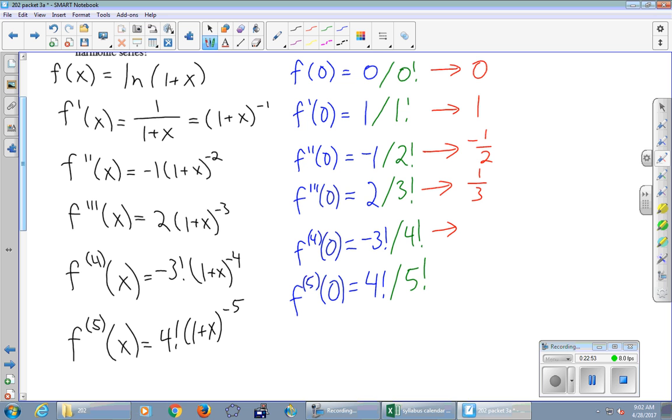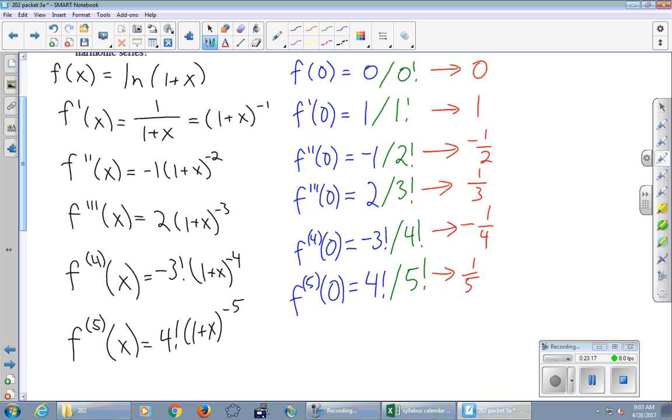Okay, here is where I think we really take advantage of the fact that we have these factorials in blue. So I see a negative sign, I'll put that. 3 factorial over 4 factorial, that's a fourth. 4 factorial over 5 factorial, that's a fifth, right? Just n plus 1 on the bottom and on the top.